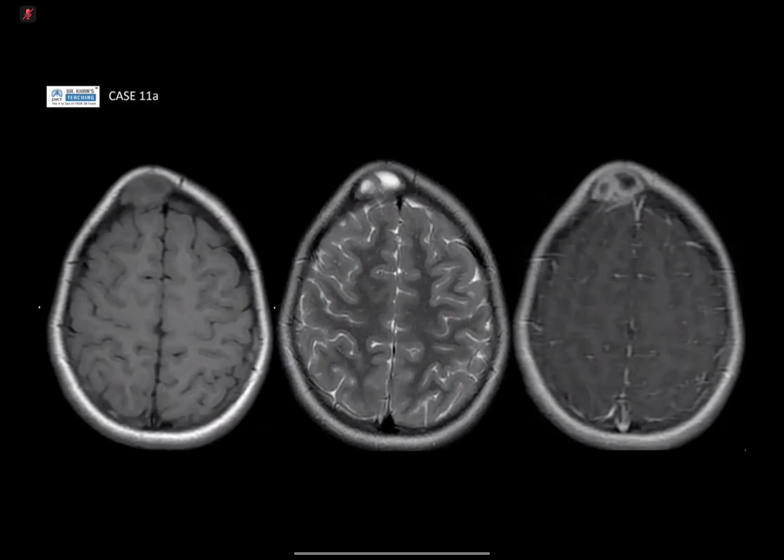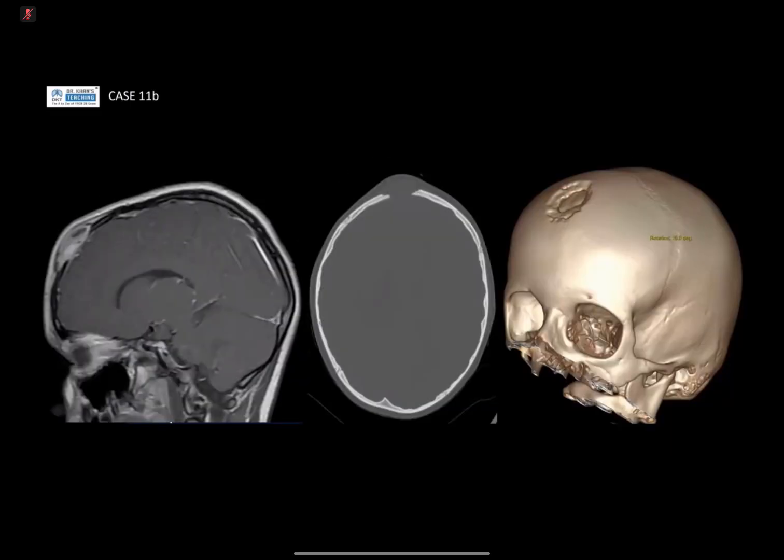I think in T2 it is showing a high signal with internal low signal. And I think this is the right side contrast study showing well-defined, well-enhanced margin with low signal in the middle.